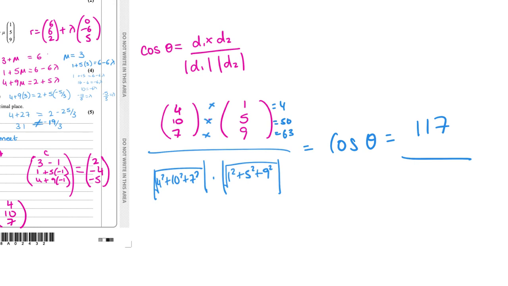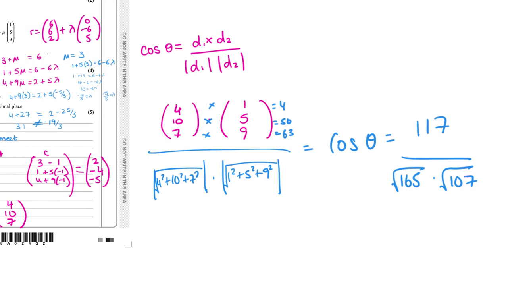Perfect. That gives 117. Then what's the square root of 4 squared plus 10 squared plus 7 squared? 149 plus 16, what do we get? Root 165. And then root 107. Great.